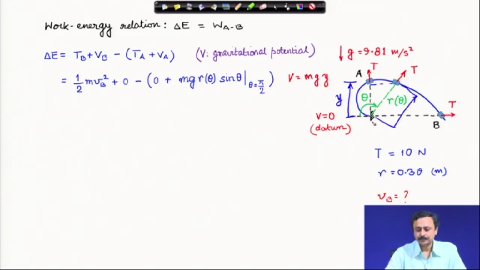Notice that. Now, theta at position A is 90 degree. Therefore, this is the expression of y and this must be evaluated at theta equal to pi by 2, 90 degree.